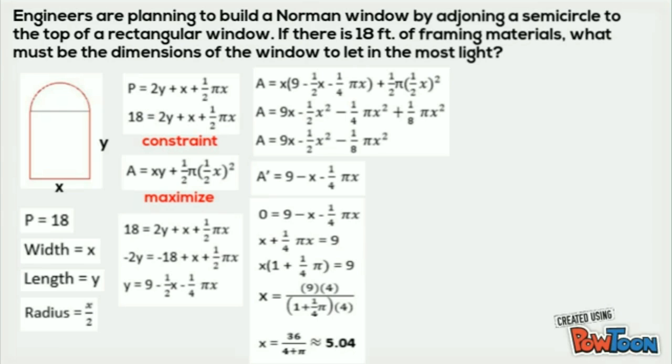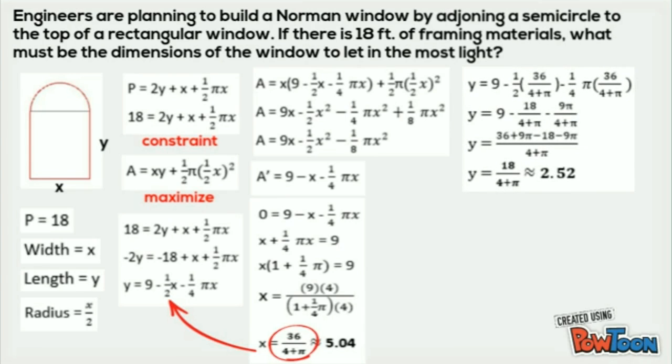Now that we have the value of x, we're going to substitute this value into the y function to get the y value, which is 18 over 4 plus pi, or approximately 2.52 feet. To verify our answers, let's graph the function of the area in terms of one variable.